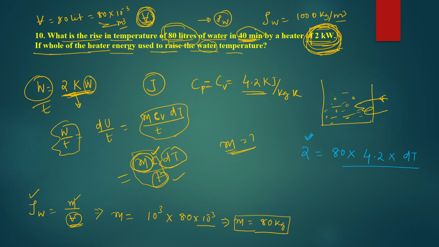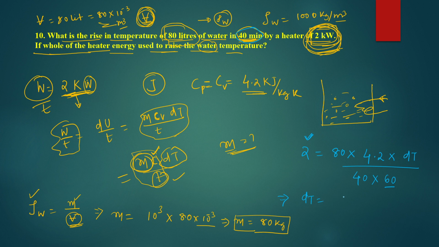Time is given as 40 minutes, but we have to put it in seconds, so we multiply 40 by 60 to convert it into seconds.